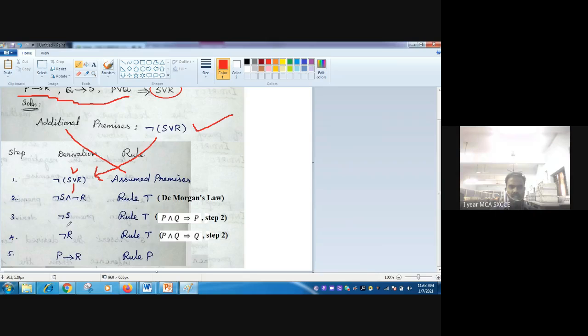Now for step 2, if you apply this rule, we are able to get negation S. Similarly, with the same rule, P cap Q implies Q, so the left hand sides are the same. We are able to get negation R also. And this is the given premise, that is P implies R.